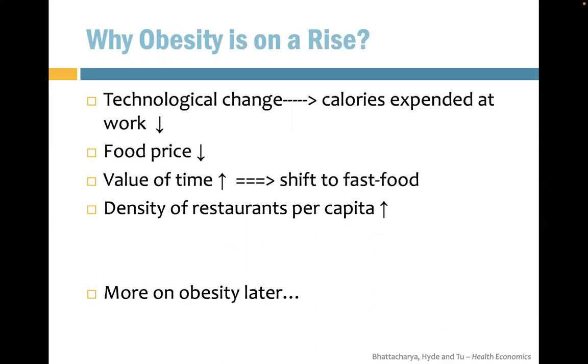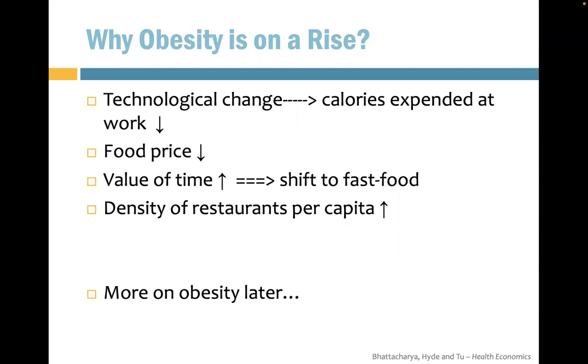The second one is that food prices have dropped, even though we're experiencing some severe inflation right now. But in general, over the last several decades, food prices have dropped a lot. The value of time has increased, which makes people shift to faster foods. And faster foods, even though some of them are healthy, a lot of them are not as healthy.